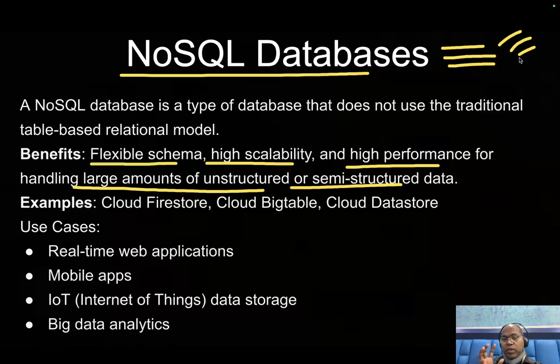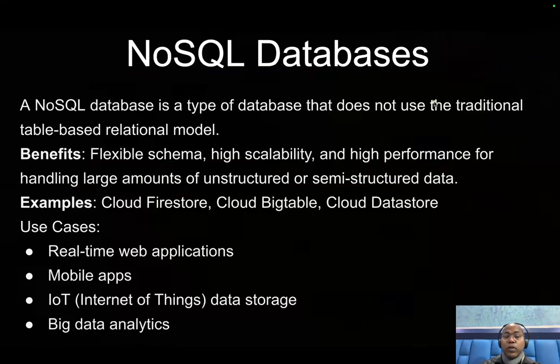So these are some key characteristics on the basis of which you have to choose. Hey, if you want a flexible schema, high availability, high performance, and to handle large amounts of data, maybe structured or semi-structured, then in this scenario you can go with a NoSQL database.